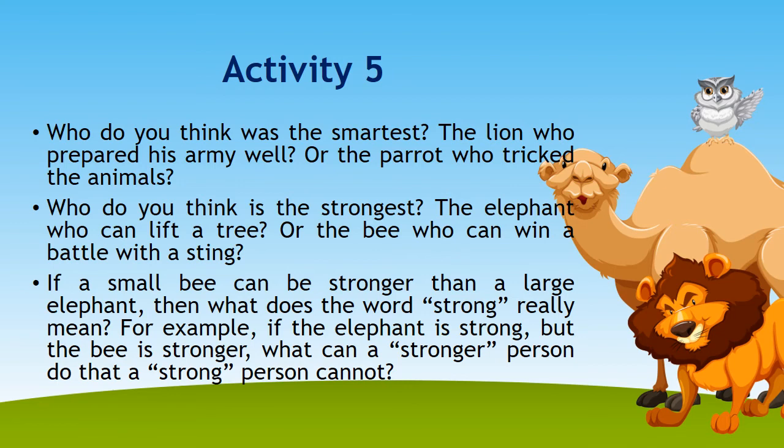Your mental ability, your smartness, even that is your strength. How you use your brain, how you use your own qualities, that is your strength. So we can also say that the bee was strongest. Just with its own sting, it won the whole battle.